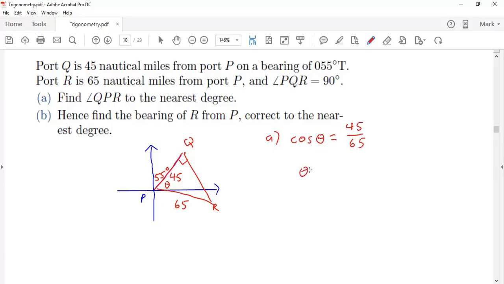Remember, read the question carefully because it wants it to the nearest degree. So do it on the calculator. You should get roughly 46 degrees.